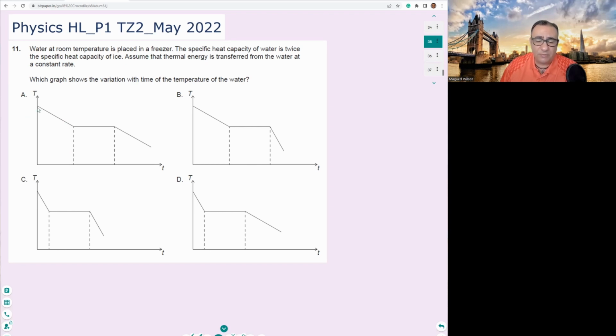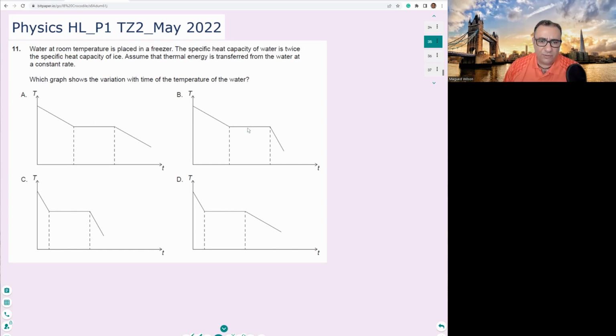So obviously the temperature will decrease in the freezer, until reaching a certain temperature, which is basically the freezing point, and then water will change into ice, from liquid to solid phase. But during the change in phase, the temperature is constant, which is right.